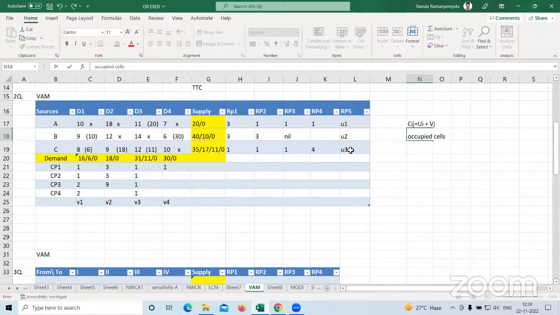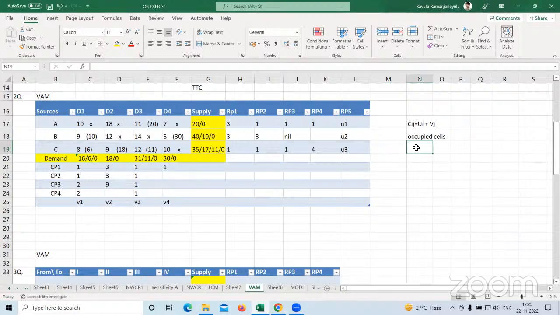Which are the occupied cells? The cells to which we allocated units based on the VAM method: first row, third column; second row, first column; second row, fourth column; third row, first column; third row, second column; third row, third column.